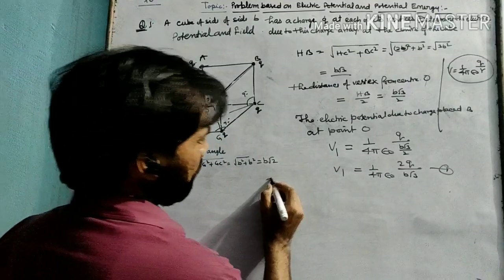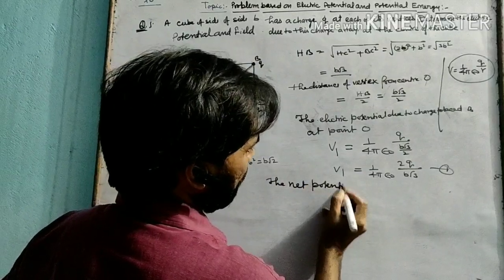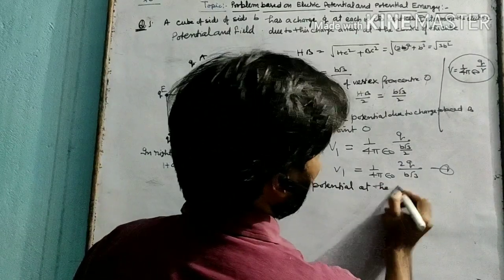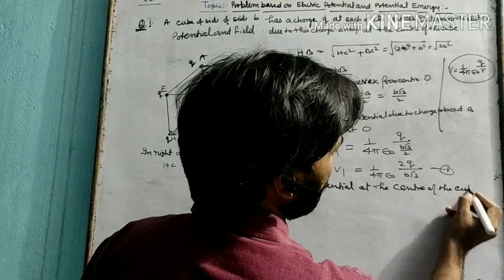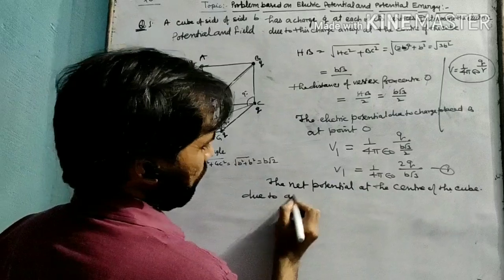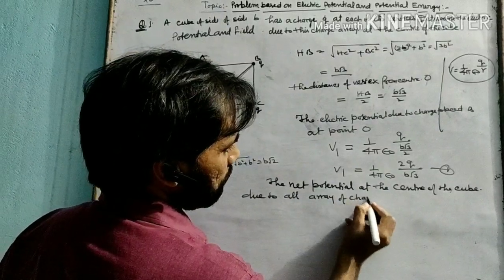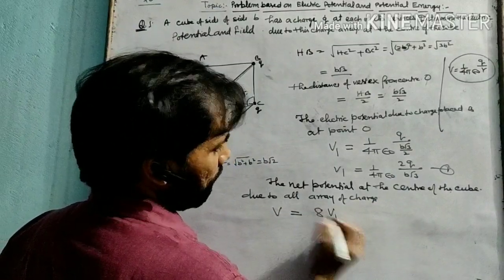So the net potential at the center of the cube due to all the charges, let it be V, is equal to 8 times V1.